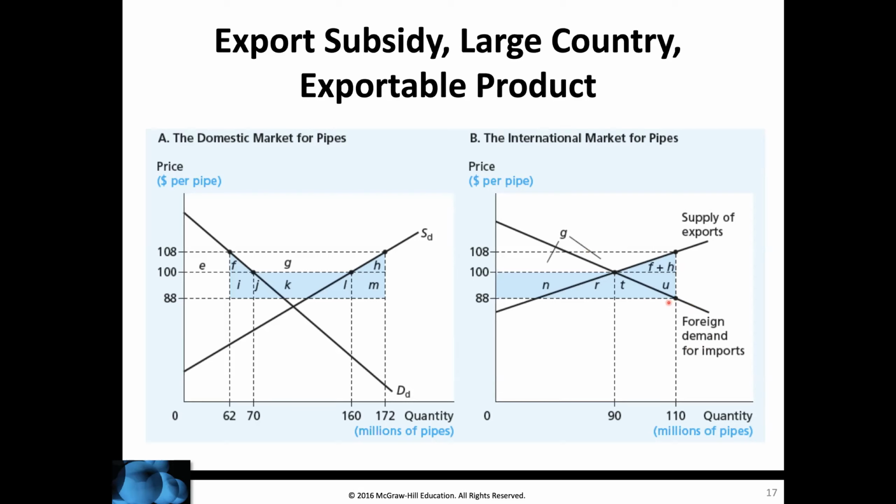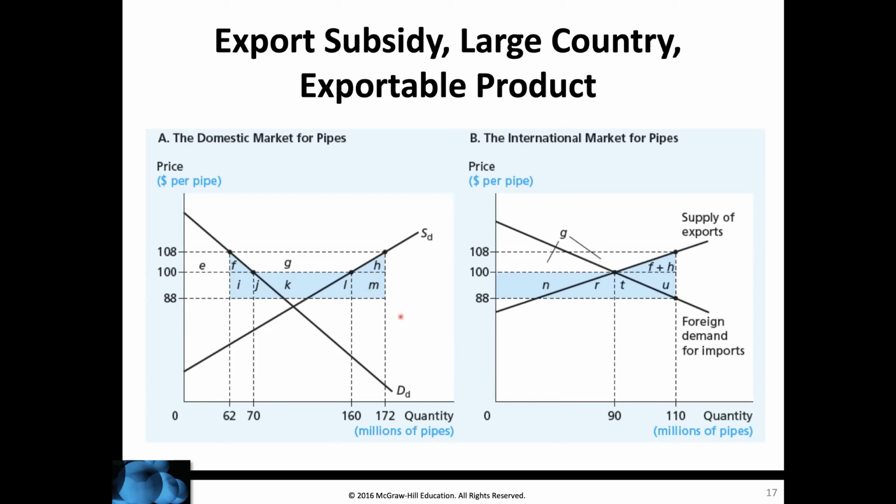So the revenue per unit received by the exporting firm is 108, as I mentioned, and domestic buyers pay this price of 108. The net loss of well-being for the exporting country is area F, H, I, J, K, L, and M. The export subsidy both distorts domestic production and consumption and worsens the exporting country's international terms of trade.